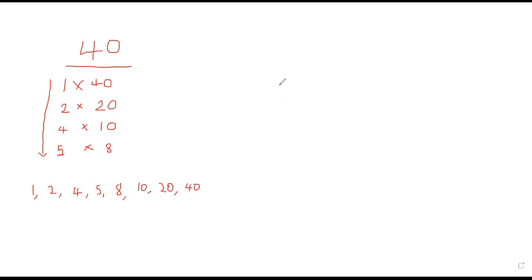Now let's do another one. Let's say we are asked to find the factors of 36. You always rule a line this way. We're also going to look for two numbers whose product gives 36. Let's go.